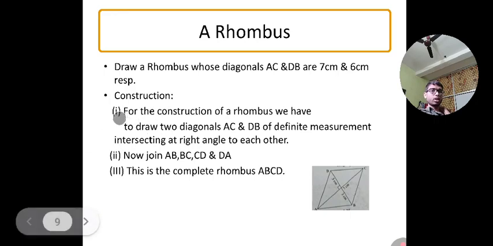For the construction of a rhombus we have to draw two diagonals AC and DB of definite measurement, intersecting at a right angle to each other. Here this is not making a right angle. Now join AB, BC, CD and DA. This is the complete rhombus ABCD.